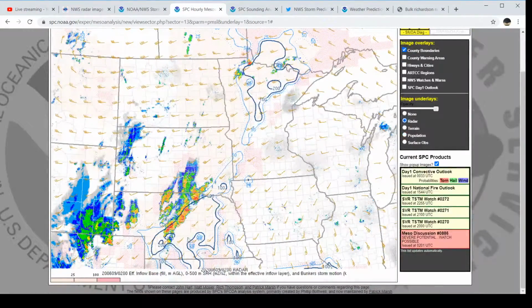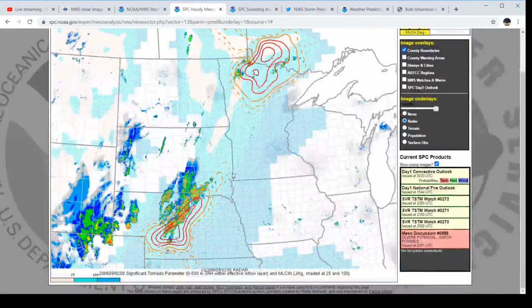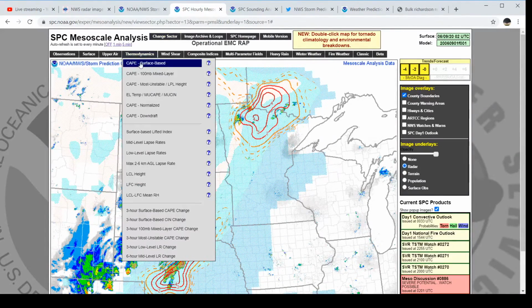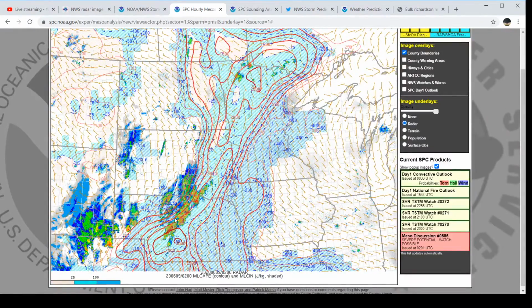Oh wow, this must have just updated. Well shoot, now we got plenty. Okay, very interesting. But as we can see now, there's convective inhibition, probably because the cold pools of these storms are really strong. See, now these storms have convective inhibition they gotta work through.